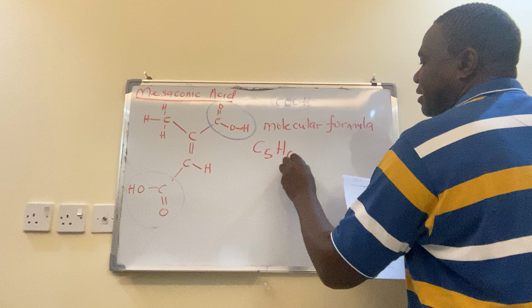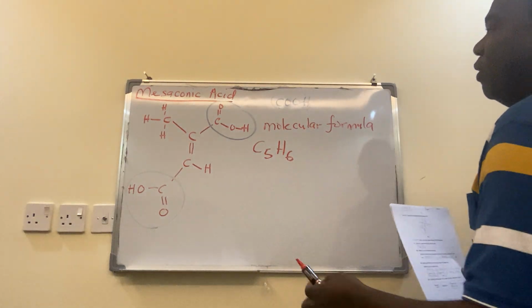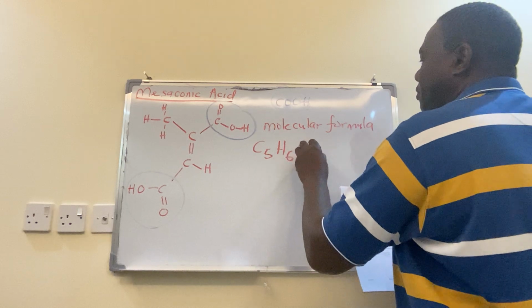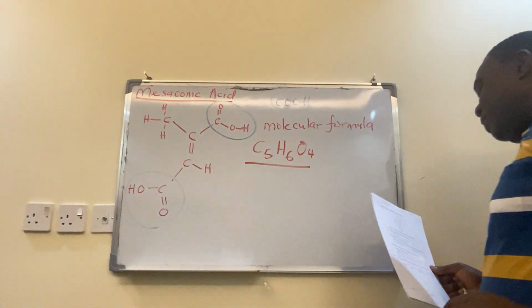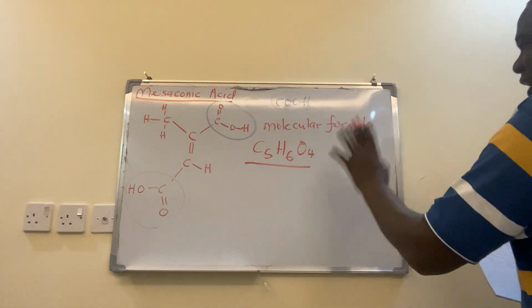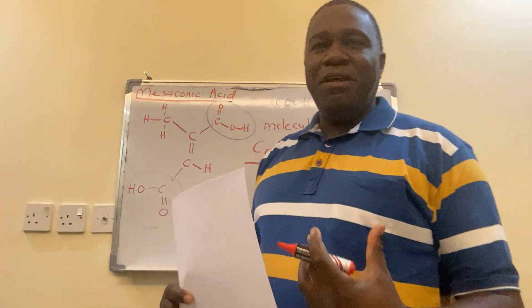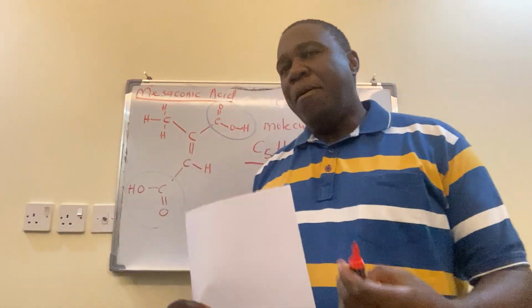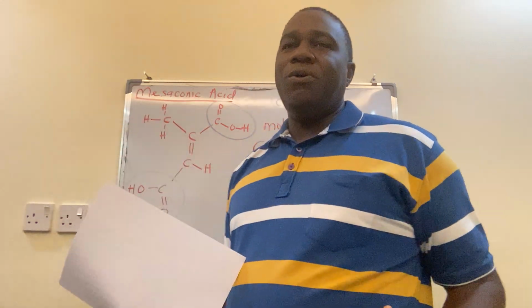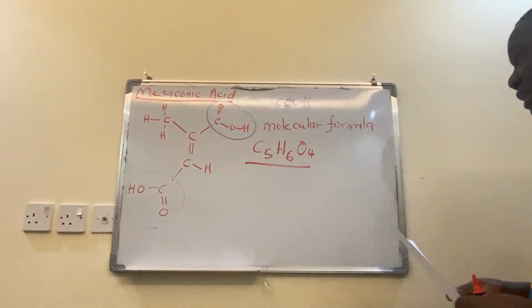So it's 6. And then we come to our O's. 1, 2, 3, 4. So the molecular formula of mesoconic acid will be C5H6O4. That's the molecular formula. I hope you still remember that molecular formula shows us the actual number of atoms present. But when you come to empirical formula, we are looking at the simplest molar ratio of atoms present there.